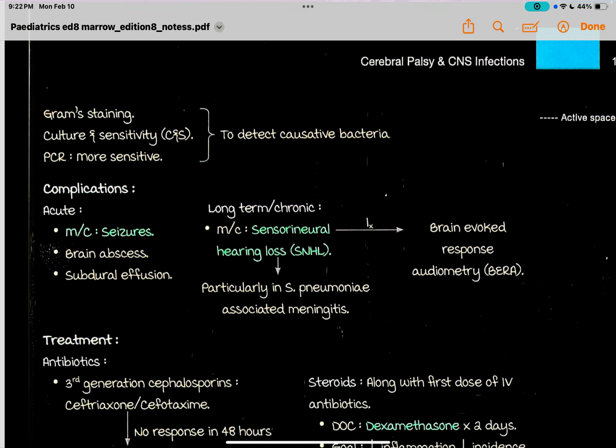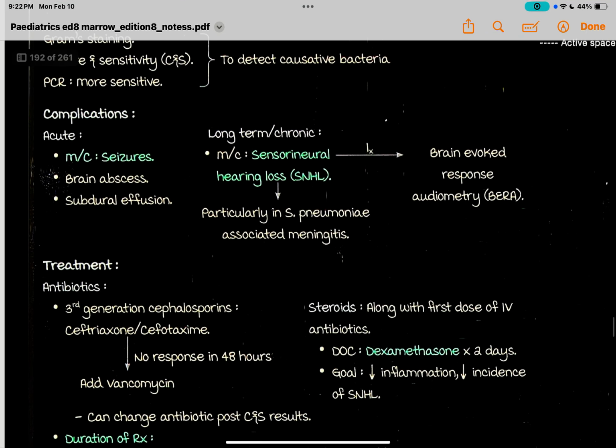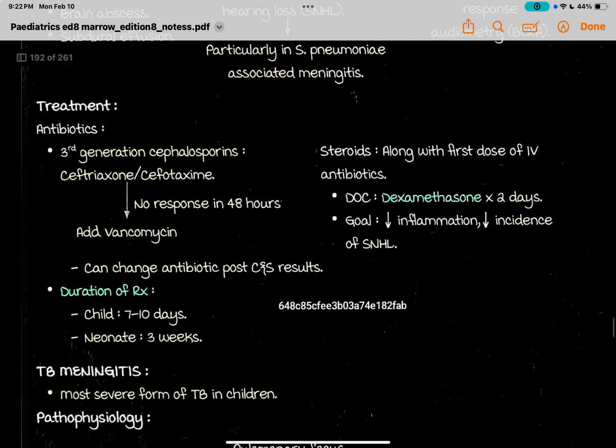Long-term chronic, the most common is sensorineural hearing loss, SNHL, particularly in Streptococcus pneumoniae associated meningitis. Investigation is by BERA, brainstem evoked response audiometry.